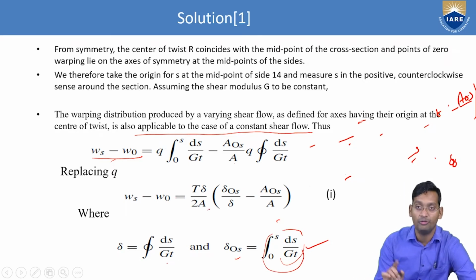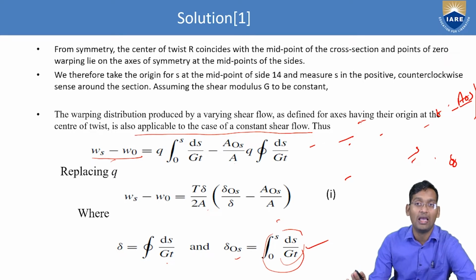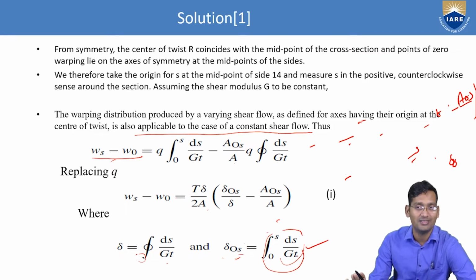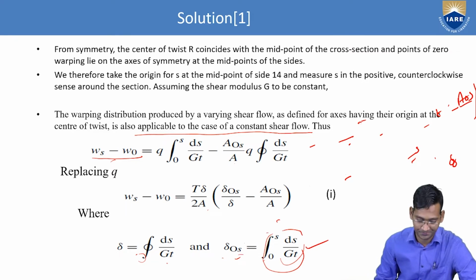You also have to write that delta is the closed integral of ds by dt. This is for the overall closed path, but now this is for 0 to s, so delta_OS equals 0 to s ds by gt.